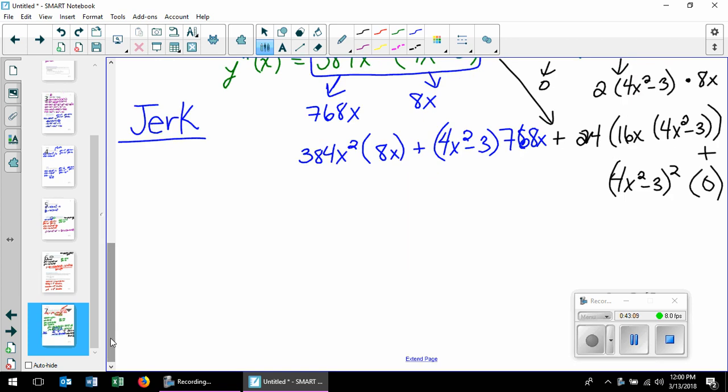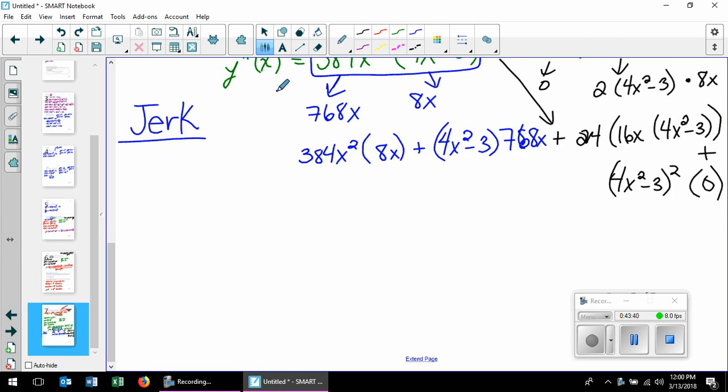So now we're going to do what we can to combine like terms. Are you guys okay with that? No, I'm not. I'm not going to. Do you want to combine like terms or do you want to just leave it the way it is? I love it. Okay, so my jerk function derivative is going to be these two product rules combined.